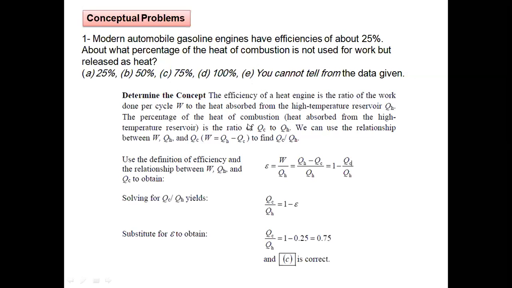So the percentage of heat of combustion not used is the ratio of QC to QH. Then we can use the relationship between the work, QH and QC. The work equals QH minus QC, to find QC over QH.